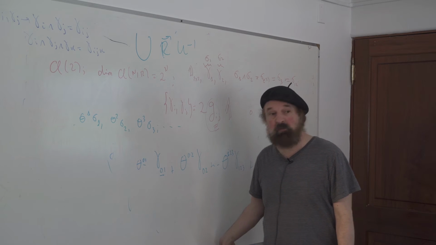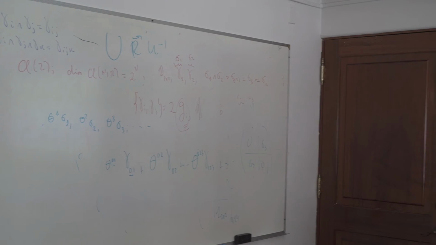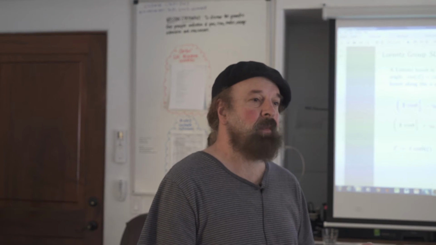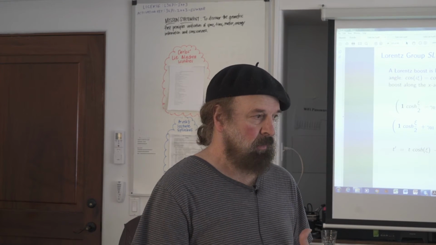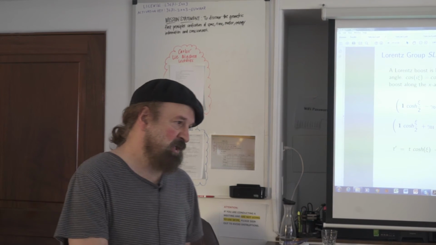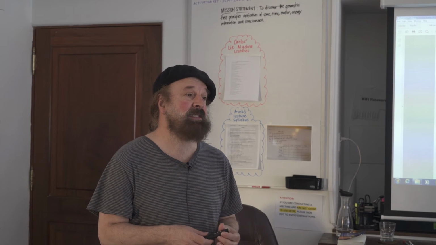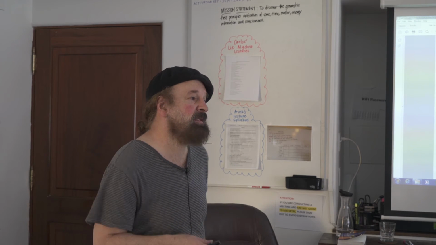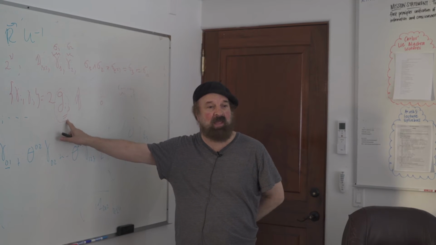So a Clifford algebra in 4 dimensions is not the same as a Clifford algebra in 3,1 or 2,2, meaning 2 spatial directions and 2 temporal directions, or 3 spatial directions and 1. So the Clifford algebras are very sensitive to the signature of your space, and that signature is codified in what you put here on your right-hand side.